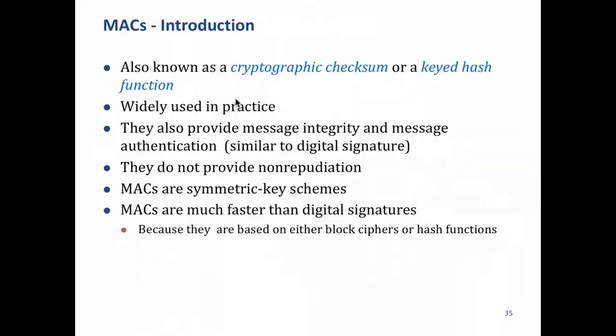Okay. Just before we come to the question of why, a few things about MAC functions. These are also known as cryptographic checksum or keyed hash function. Note this word keyed. In the hash function that we studied just now, we don't have a key, and there's nothing like cryptography there.